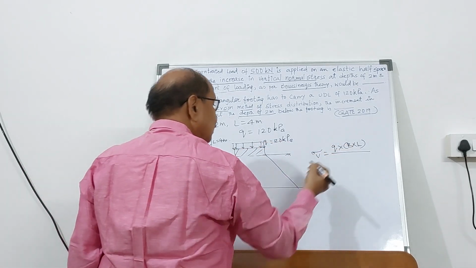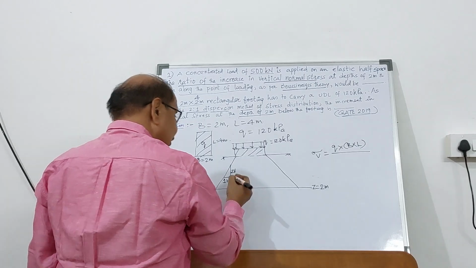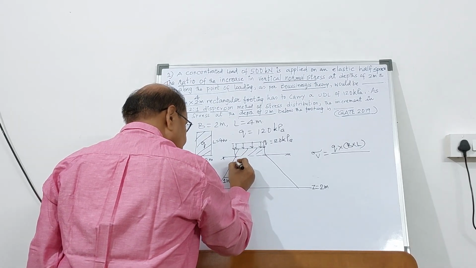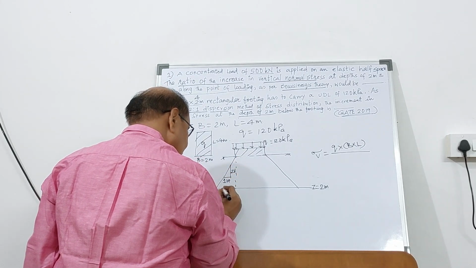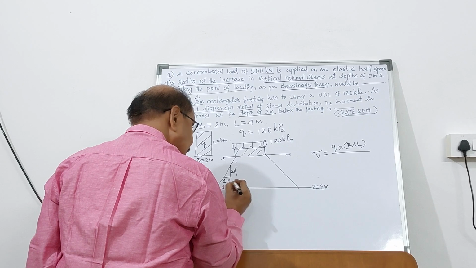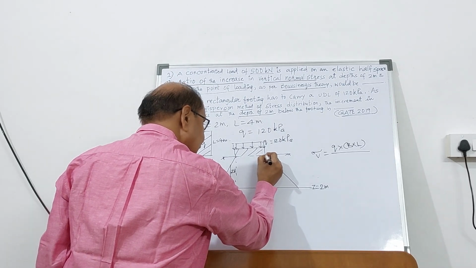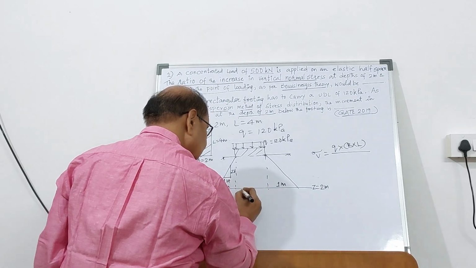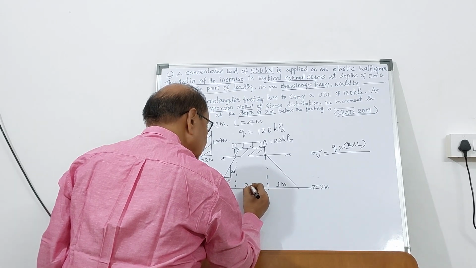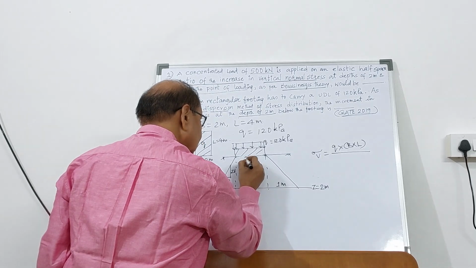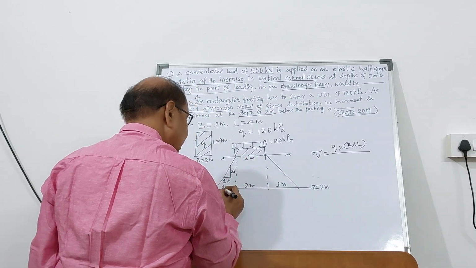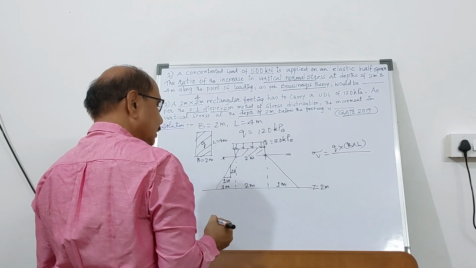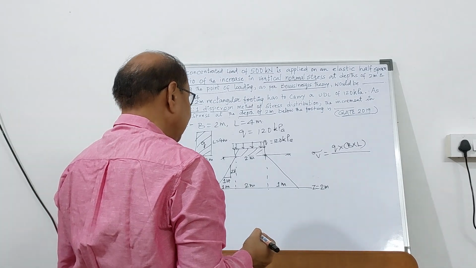So B into L. Now divided by, at 2 meter depth, this is going to be 1 meter and this is going to be 1 meter and this is going to be 2 meter. So 2 meter plus 1 meter plus 1 meter, it becomes 4 meter.